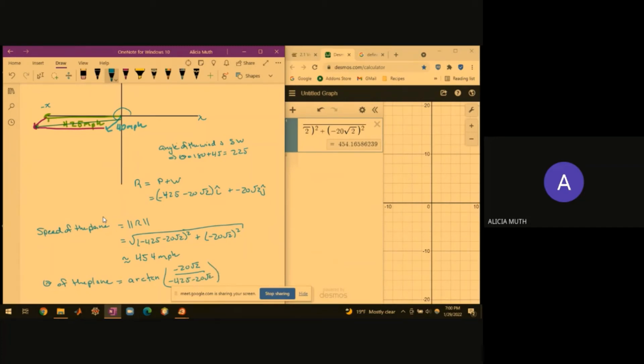All right, so if I plug that expression in, we're going to get this 0.06. Now keep in mind that Desmos works in radians and our textbook works in degrees. So to convert to degrees, I'm going to multiply by 180 and divide by pi. All right, so we're getting this 3.5.